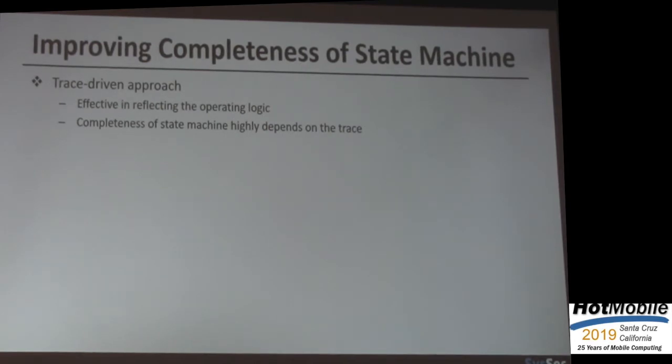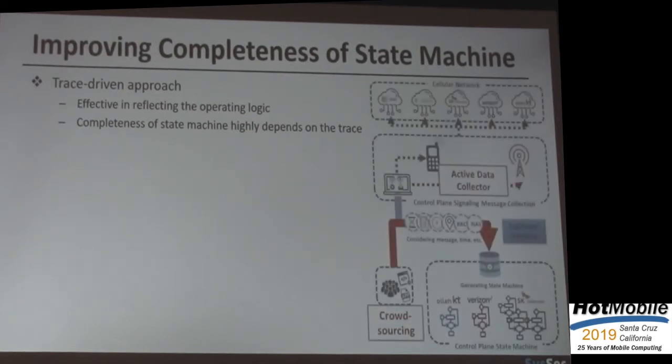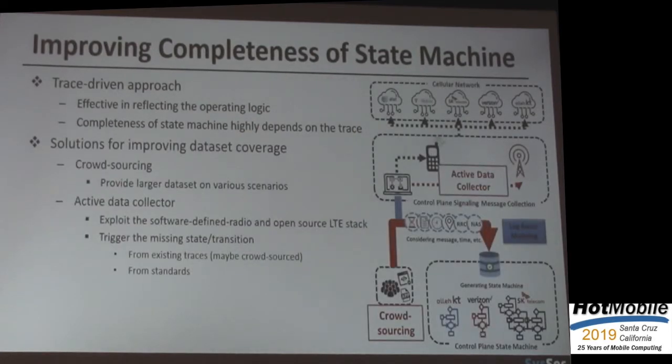Therefore, this information helps to reduce the effort to analyze the abnormal cases. And our approach seems promising though. One of the biggest concerns is the completeness. While the trace-driven approach is effective in reflecting the operating logic, the completeness of the model heavily depends on the collected trace. So one quick solution is to get a larger data set through crowdsourcing. Moreover, we are planning to build an active data collector.